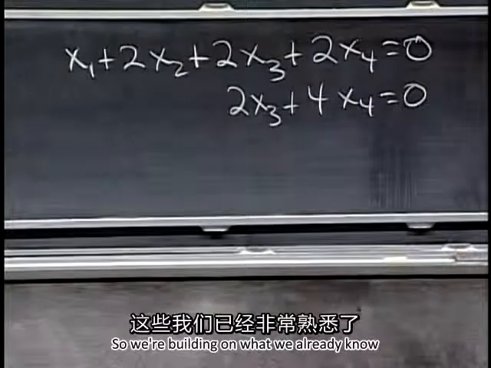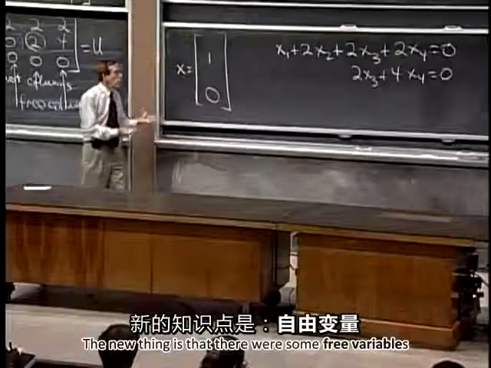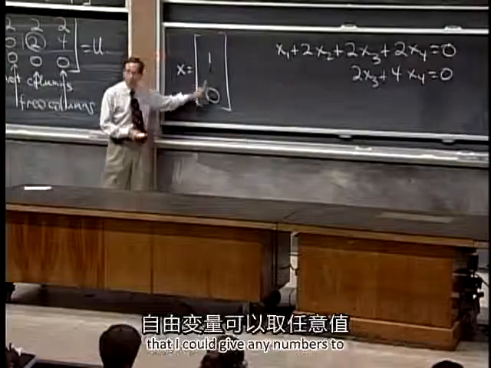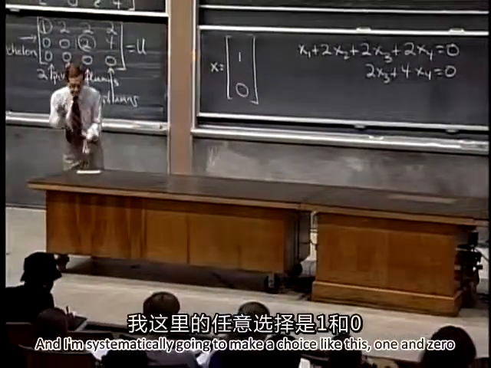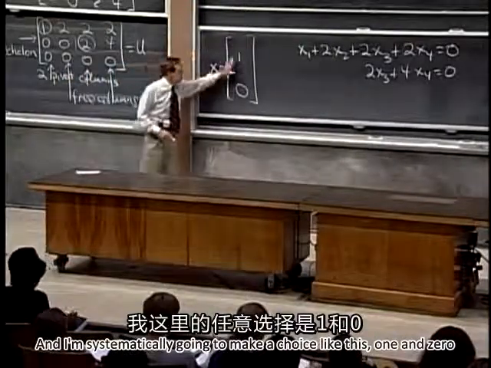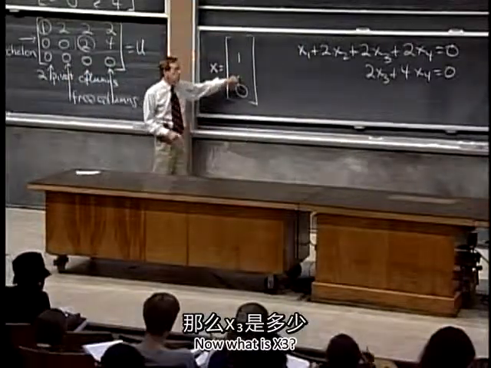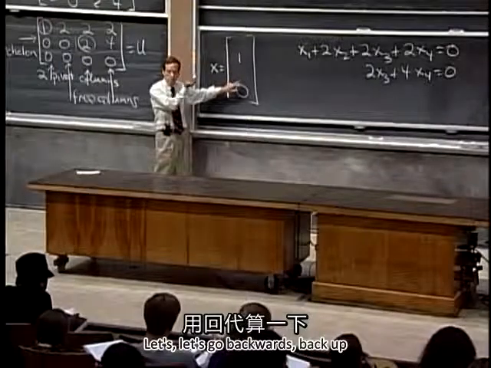So we're building on what we already know. The new thing is that there were some free variables that I could give any numbers to. And I'm systematically going to make a choice like this, 1 and 0. Now, what is x3? Let's go backwards.